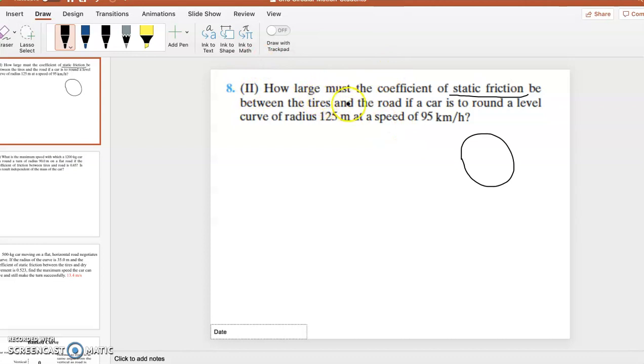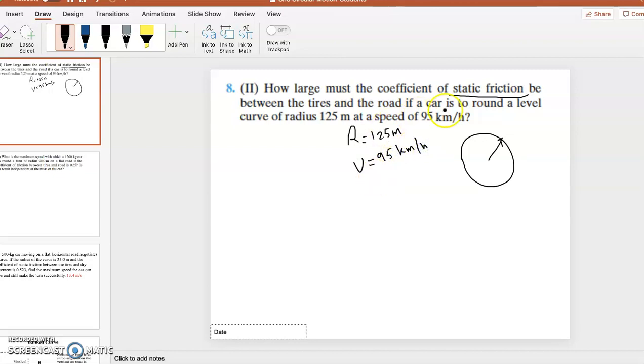Here it says, how large must the coefficient of static friction be between the tires and the road if the car is to round a level curve of radius, so we are on a normal flat curve of radius equal to 125 meters and a speed of 95 kilometers per hour.